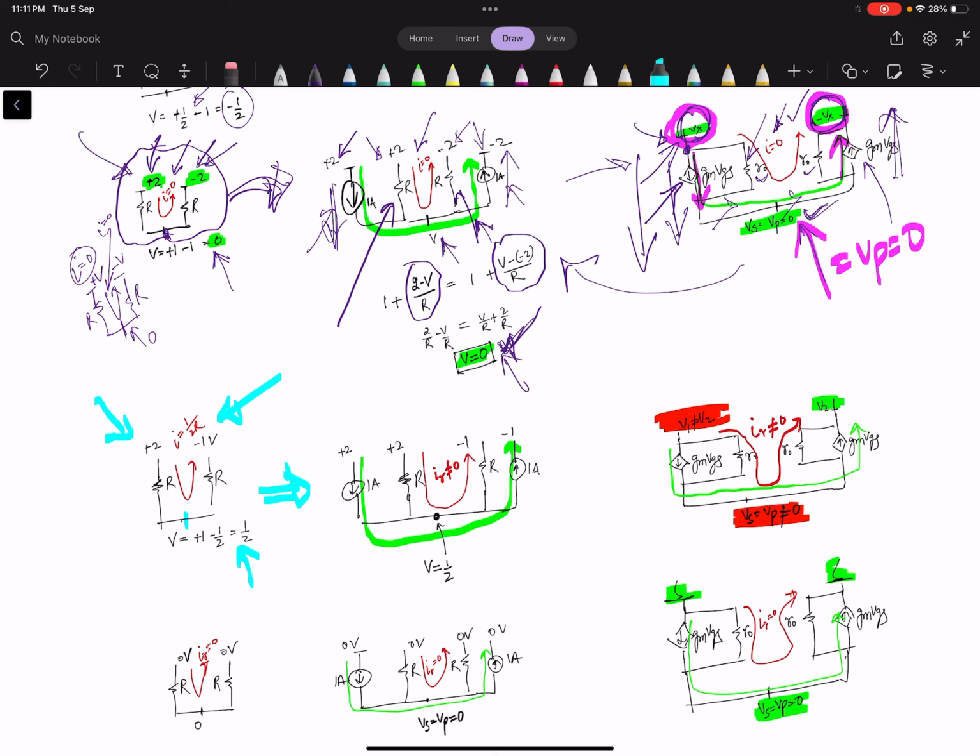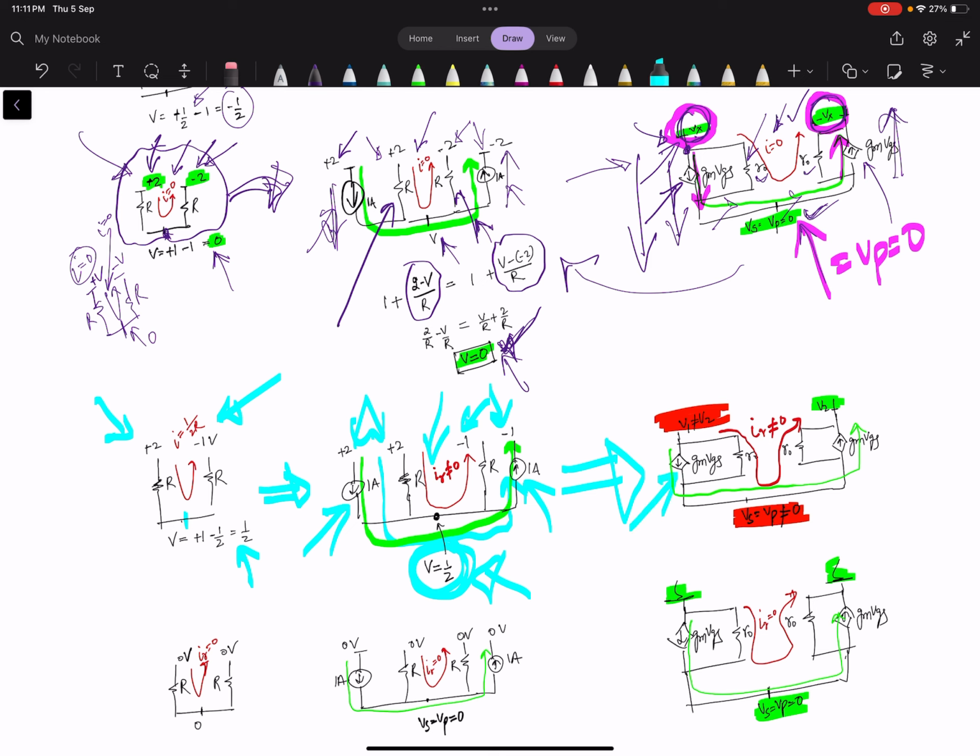Going further, if I add one current source in this direction and here in this direction, keeping the voltage the same here and here, you can see that even though this current is the same, the loop current IR is not equal to 0, and because of this there is some potential here, half.